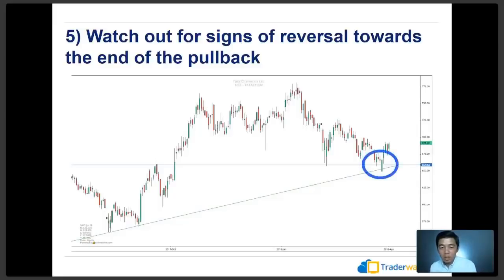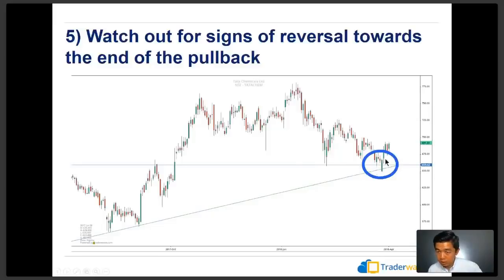So in this case, do you notice that as the pullback was happening, and as it comes to this level, there is a horizontal resistance support level over here? Do you notice that on this particular day, it actually opens lower, right around this prevailing uptrend line, and then it rallies very strongly and closes above this horizontal level of about the 660 region.